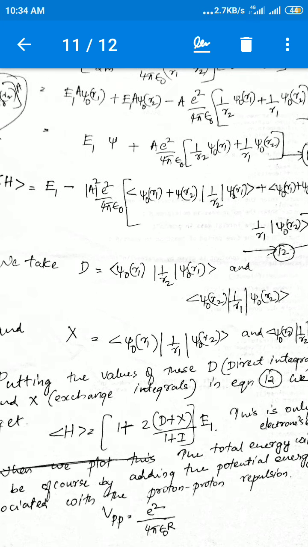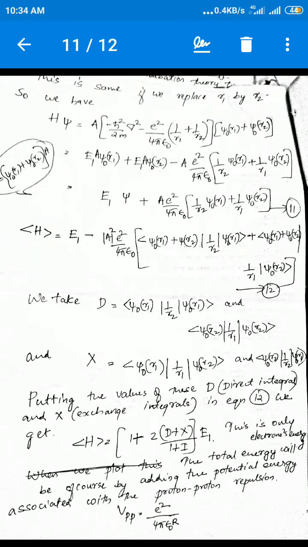After substituting the terms d and x in equation 12, we will get H expectation as E1 plus 2 into d plus x, 2 times d and 2 times x comes, and then divided by 1 plus I. It should be A modulo square.